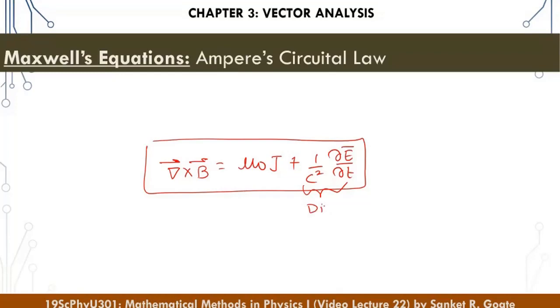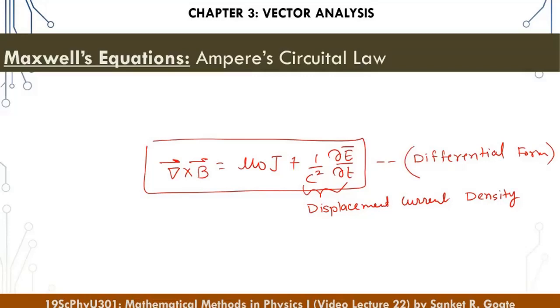This is the displacement current term. Actually it is not displacement current, it is displacement current density. And this is the differential form of Ampere circuital law, which is the fourth Maxwell's equation.